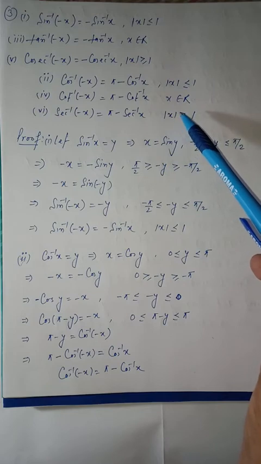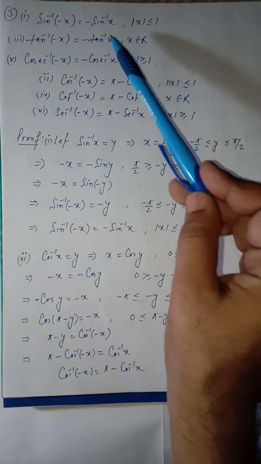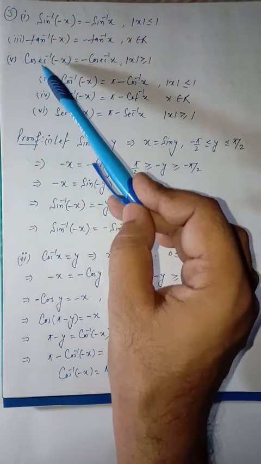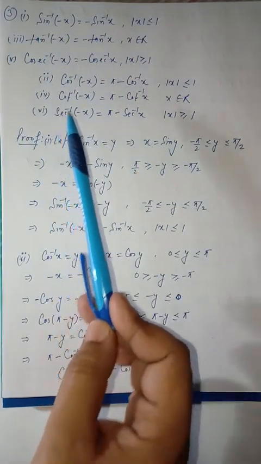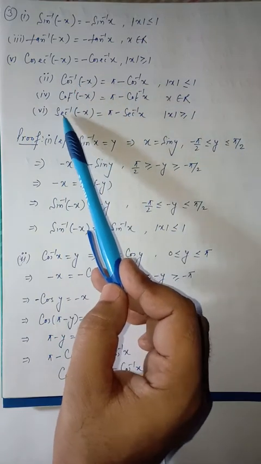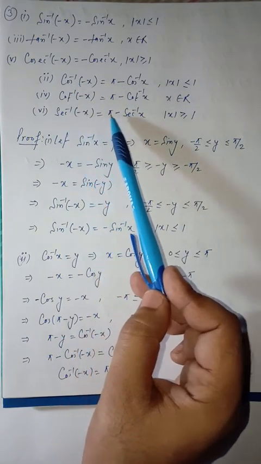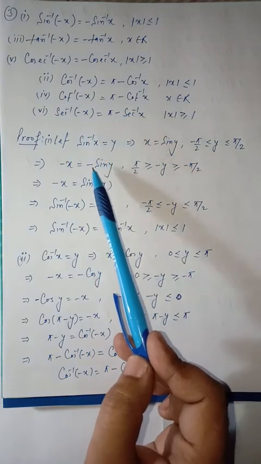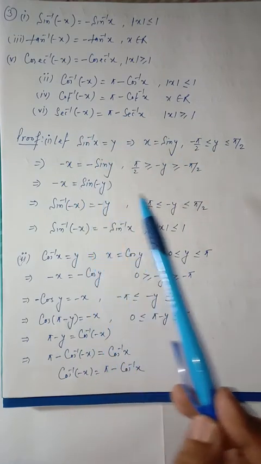So this is the procedure. So sin, tan, cosec will be negative, whereas the pi appears in the case of cos, cot and sec. This is a very helpful formula. For one of them, I am proving how.